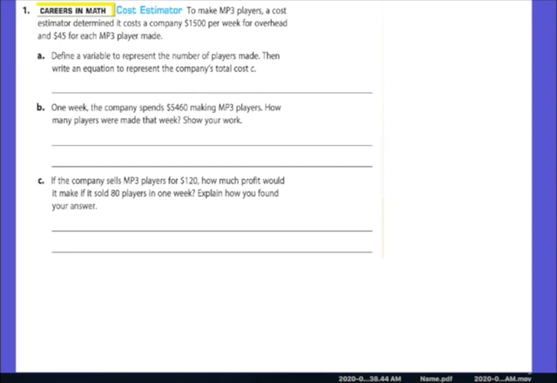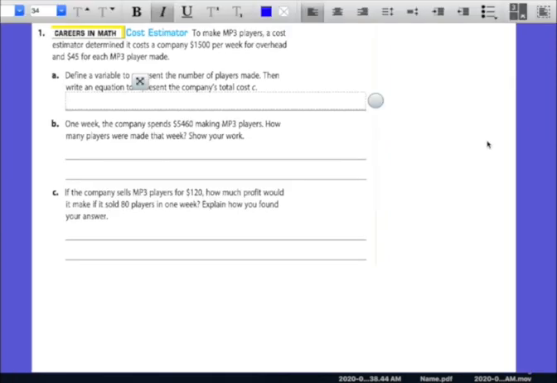So when I think about the variable and its relationship to the total cost, in order to figure out how much the total cost will be, I have to know how many players we are going to make. So I'm going to let P equal the number of players.